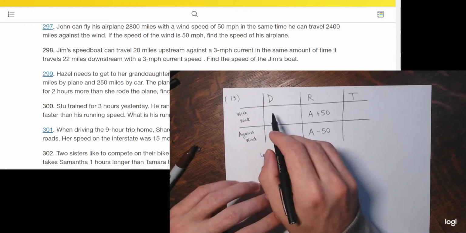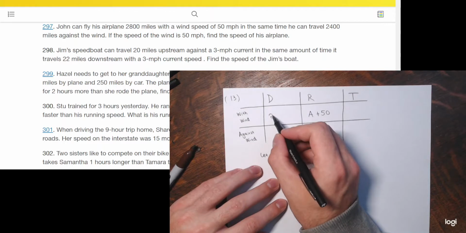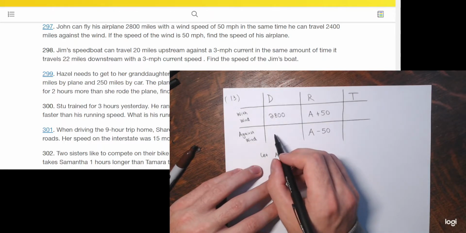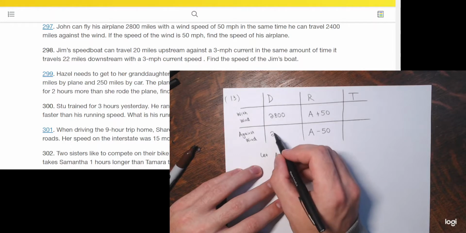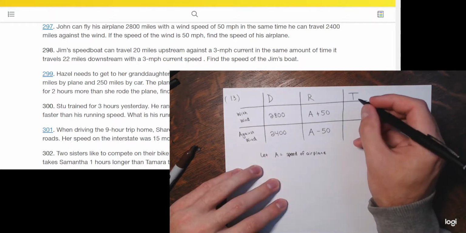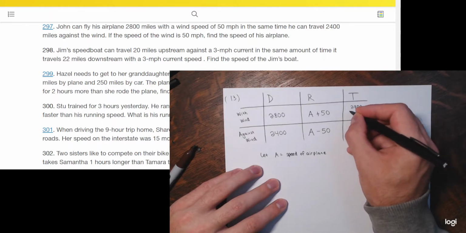Then the distance traveled with the wind was 2,800 miles. The distance traveled against the wind, 2,400 miles. So the time spent with the wind is 2,800 divided by A plus 50.